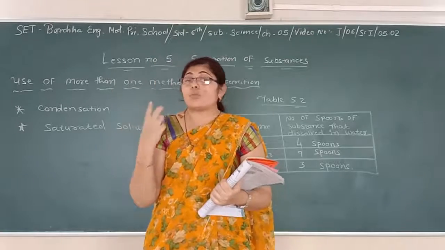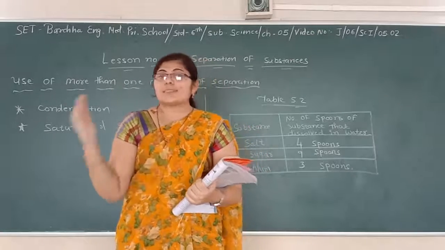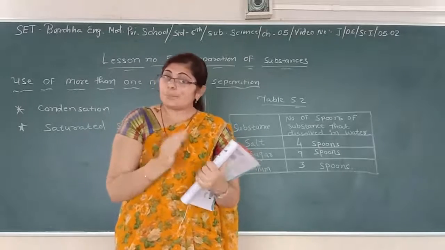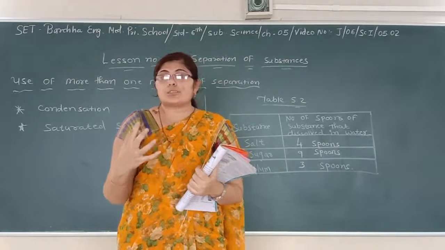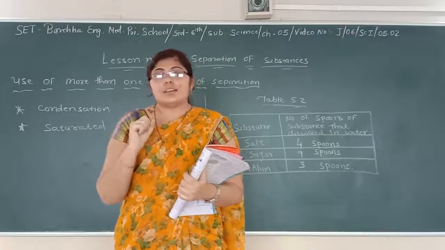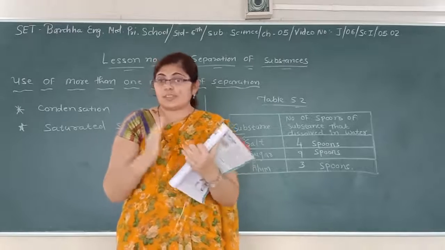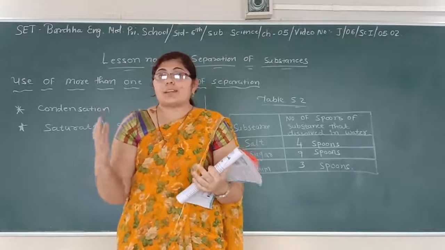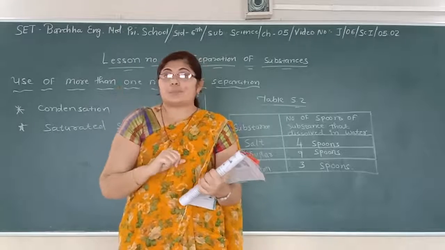In the beginning, what were the two substances in the mixture? Sand and salt. When you add some water to that mixture, the salt will be dissolved in the water. Now the sand and salt are separated, but now the water and salt are mixed.